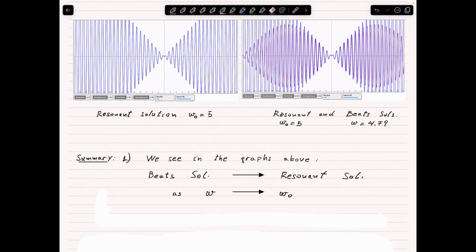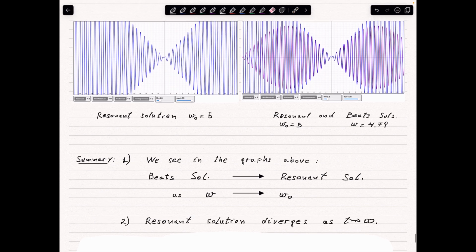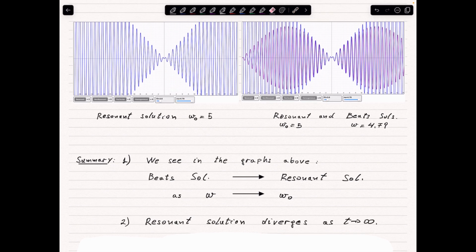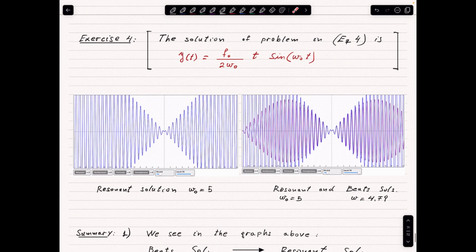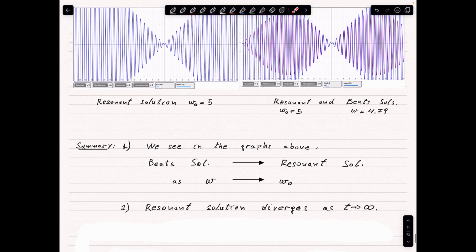And we also see that the resonance solution diverges as a function of time. That means if we look only at the resonance solution, the oscillations start small and then start increasing, and they diverge in time because the solution has this factor t here. That is saying that the solution is going to diverge in time.